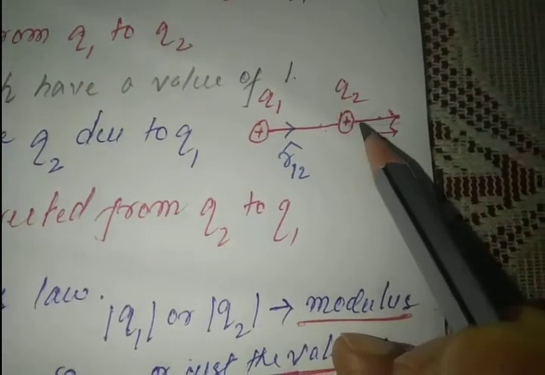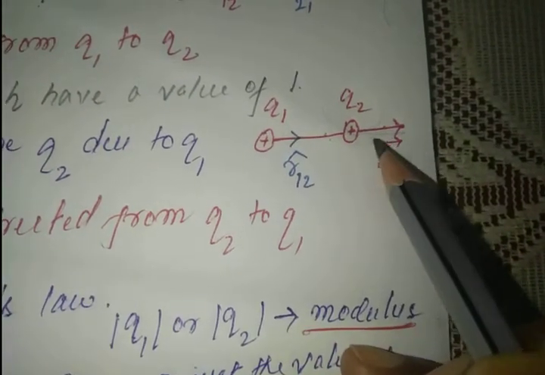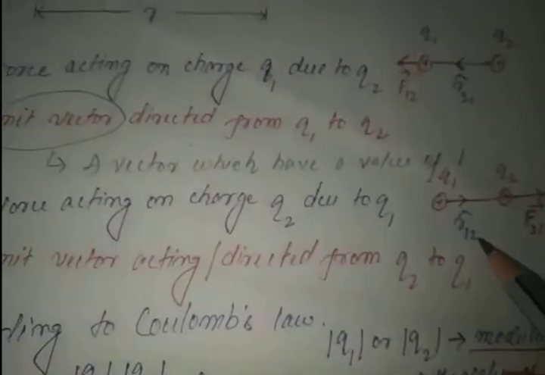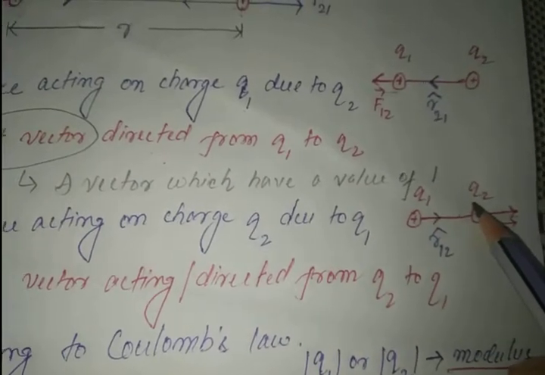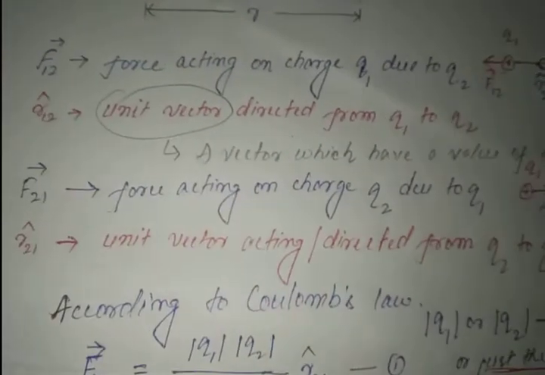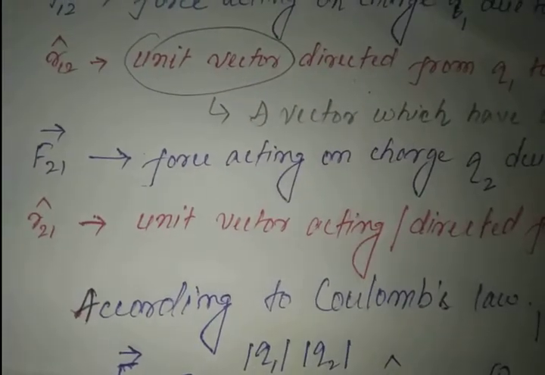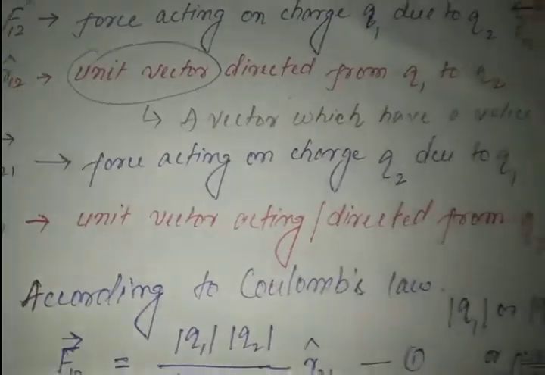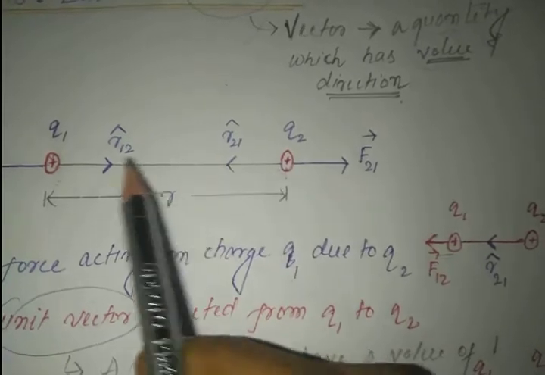You can see it is repelling away from charge Q1. R12 is a unit vector along Q1 towards Q2. We have another unit vector here, R21. R21 is the unit vector acting from Q2 towards Q1.